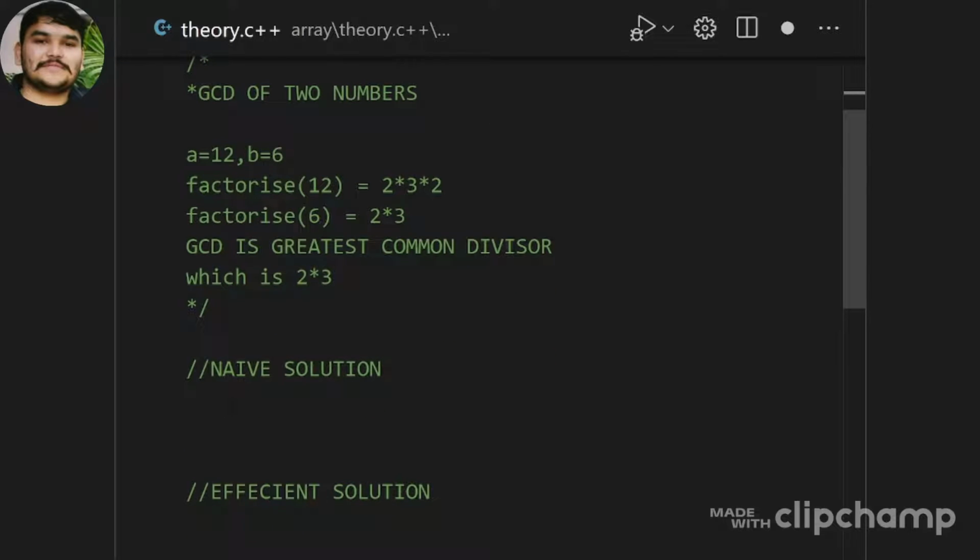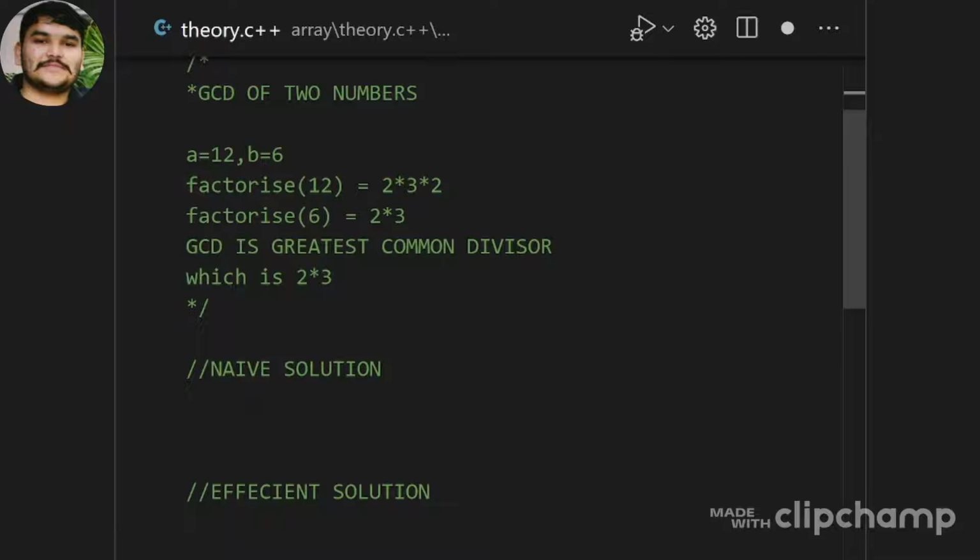In a simple way, what we did in the dry run is find the divisors: we divide by the smallest number, that is 6, and if the remainder is 0, then it is a divisor. For this, we have to find the minimum number between 12 and 6.